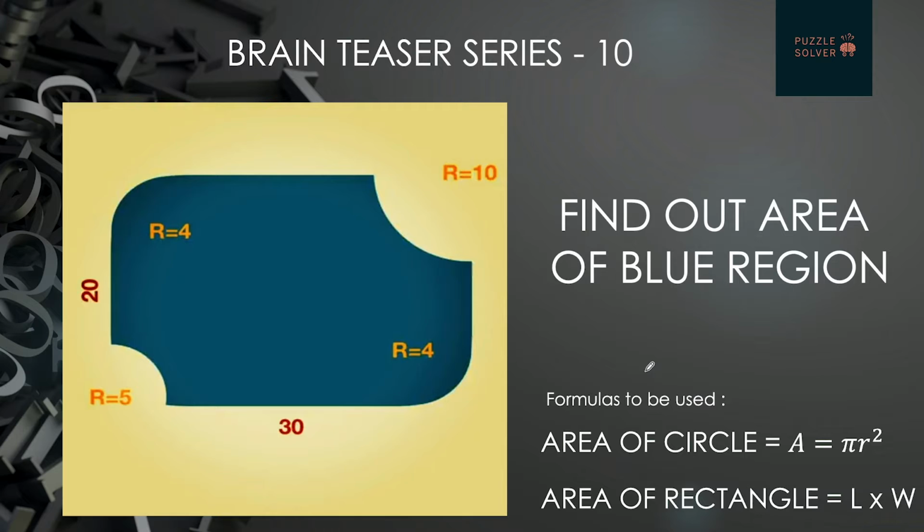But before jumping to the detailed solution, let's pause the video for 30 seconds and try it by yourself. Please put your answers in the comment section, and for finding out the area you can refer to these two formulas. Your timer starts now.